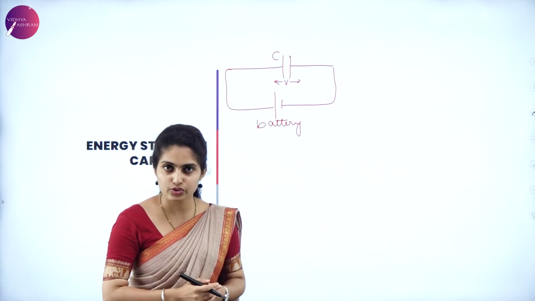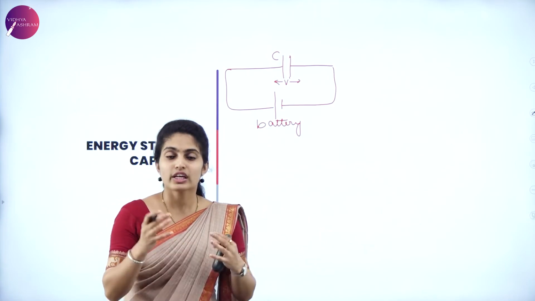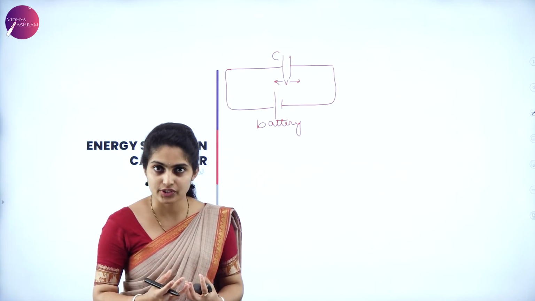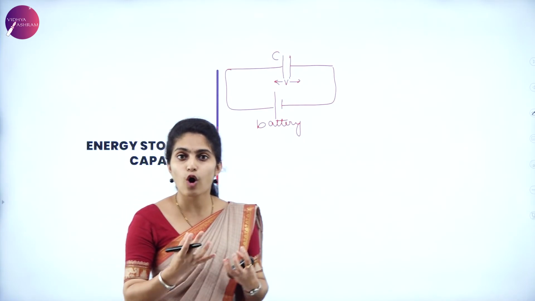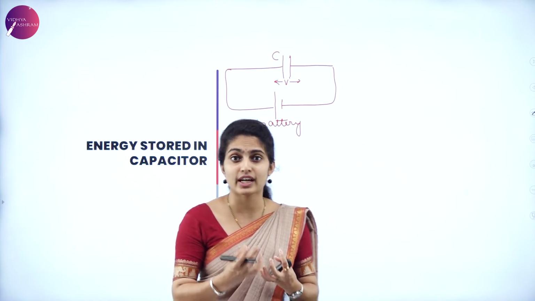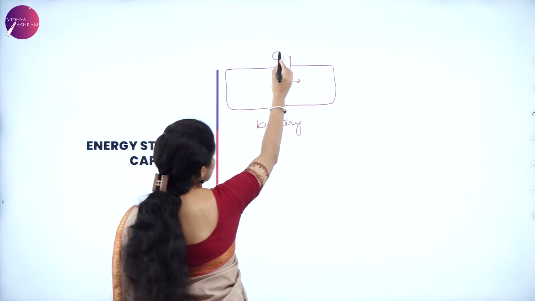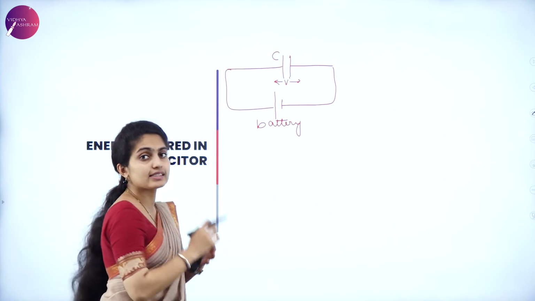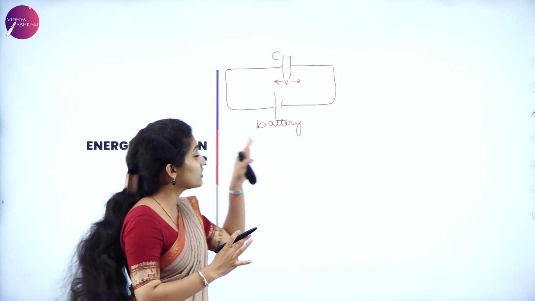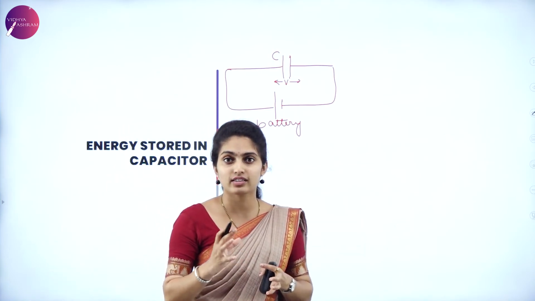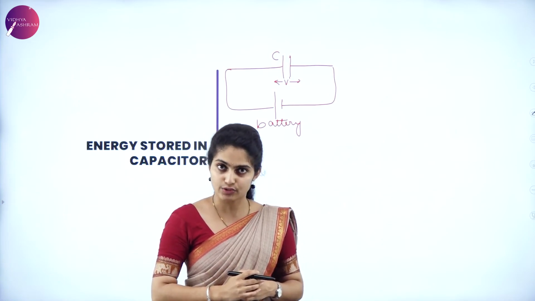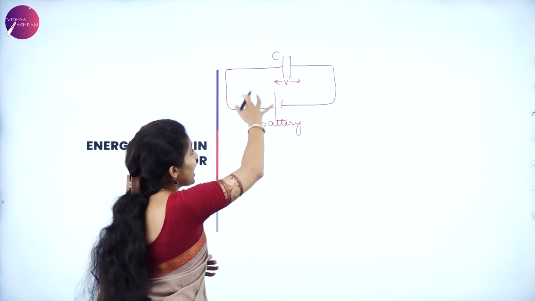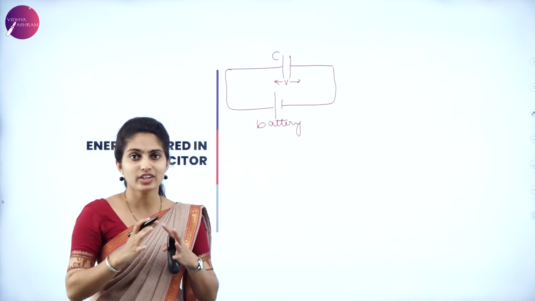Once the source or the battery is on, there is flow of charges. When there is flow of charges, one side of the capacitor's conducting plate gets positive charge and the other side gets negative charge. So we have positive charge as well as negative charge in a capacitor.